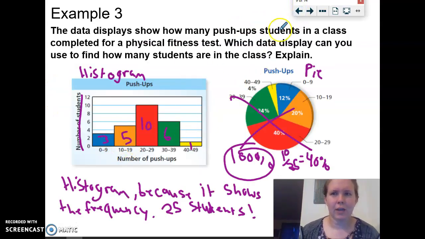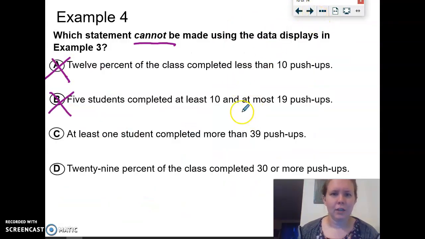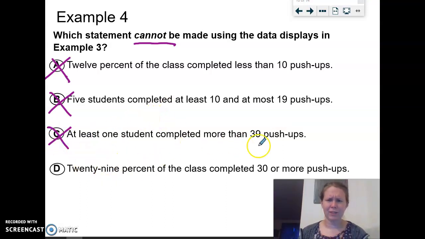This one was true, that 10 to 19 range, that the 5 students completed at least 10 and at most 19 push-ups. That is true. And this one is also true. There was at least one student who got more than 39 push-ups. So hopefully this one's not going to make any sense.